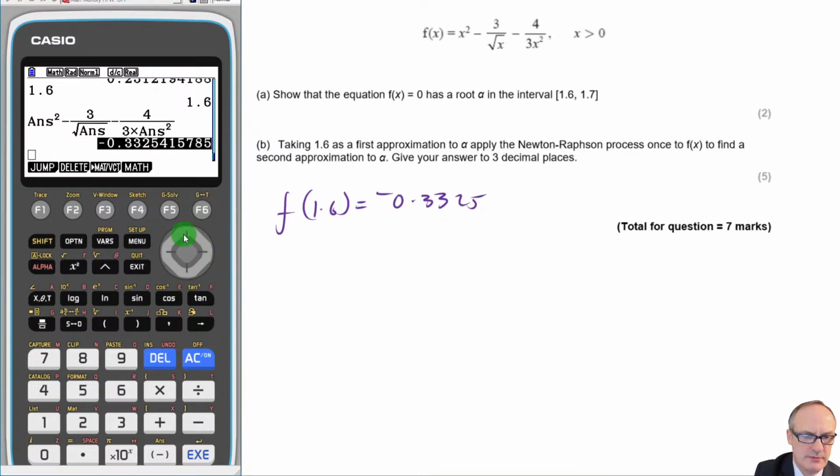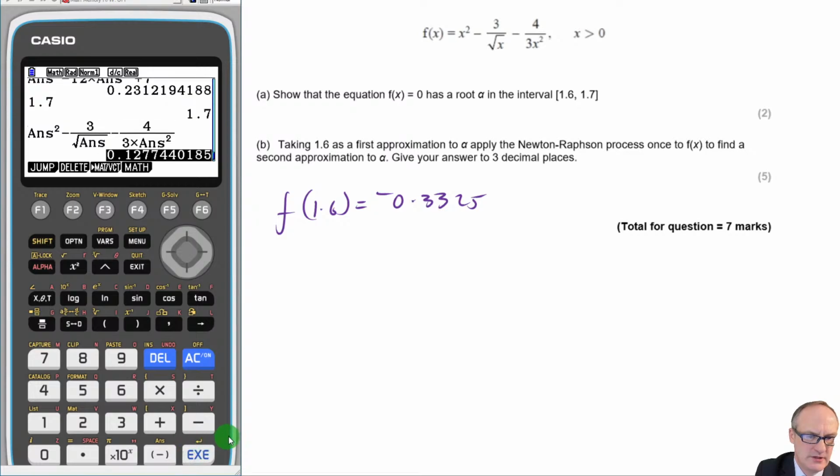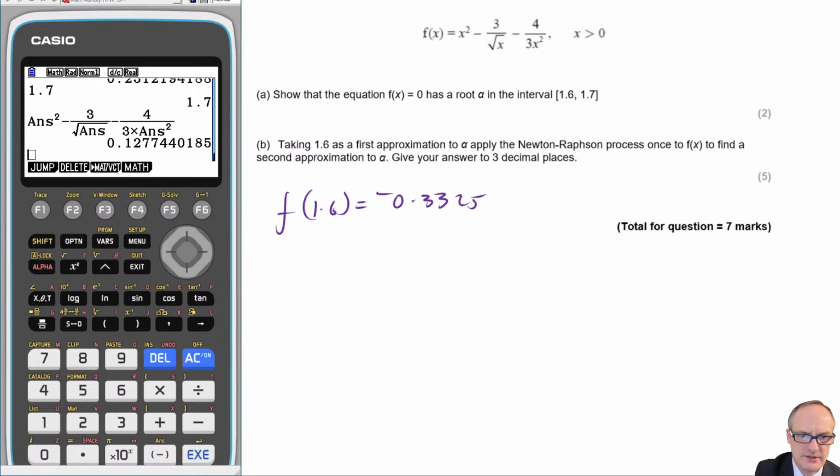And then remembering what we did last time, let's go back. We want to put 1.7 in, put 1.7 in here, press execute, and you get the answer for that out already calculated. So there we go, 1.7 is 0.1277 and so on.